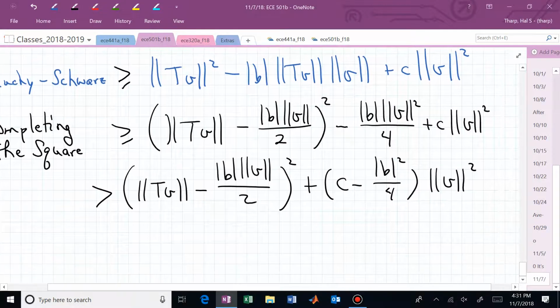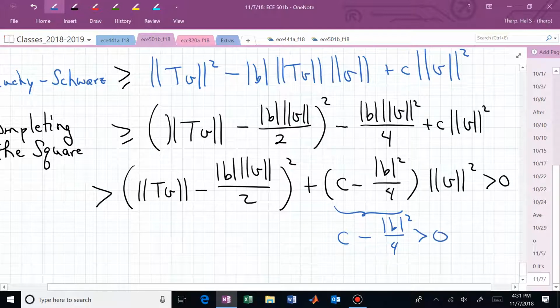And this piece I can be assured of being bigger than 0 when the first squared quantity is bigger than 0, but now I simply need to make sure that c minus b squared over 4 is bigger than 0.